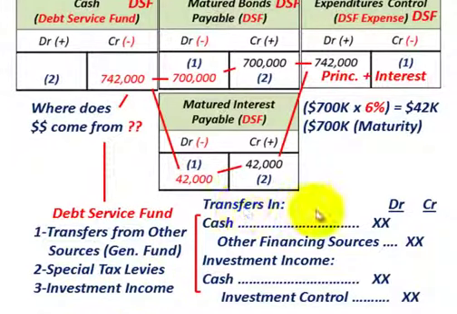But just looking at our debits and credits, for transfers in, you would debit your cash account, and then your credit would go to other financing sources. And for investment income, for example, you'd again increase your cash account, and then you would credit your investment control account. So your debt service fund accumulates the dollars to pay off the debt.